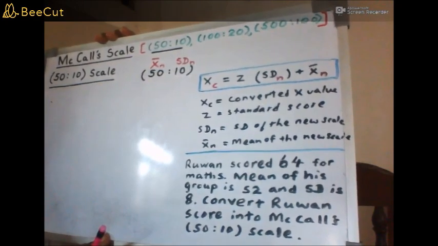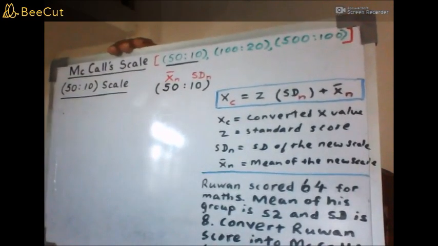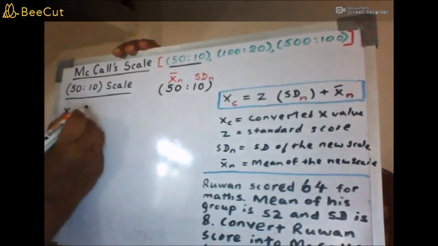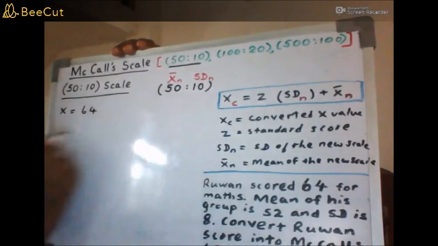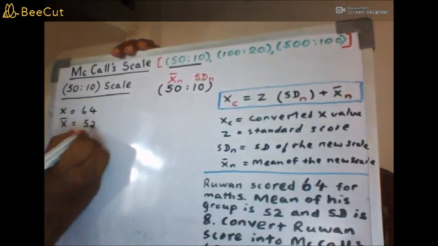Ruan's score is given, that is x, 64. Mean x bar is 52.